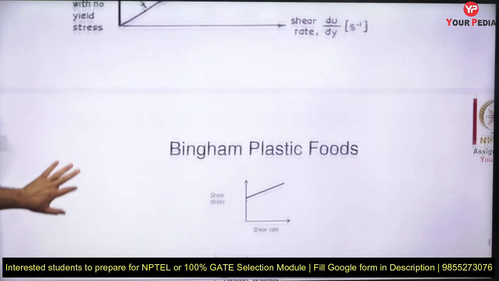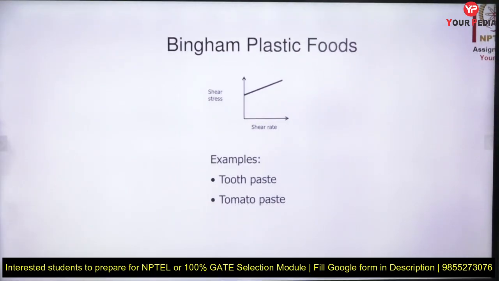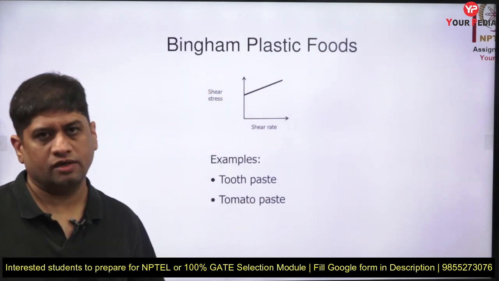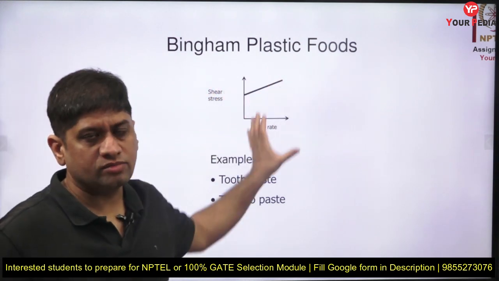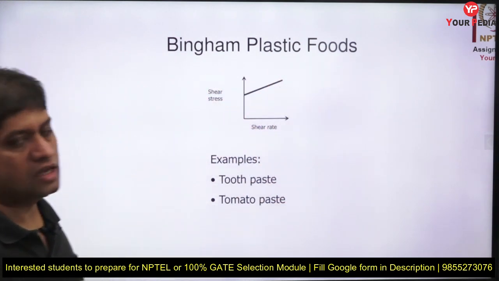We will do this kind of thing later on also. Remember that tomato ketchup and toothpaste are Bingham plastic foods. Shear stress, shear strain. And if we ask you ever in an interview to draw a Bingham plastic shear stress, shear strain rate diagram, this is how you have to draw it. And what is this? This is the yield stress.